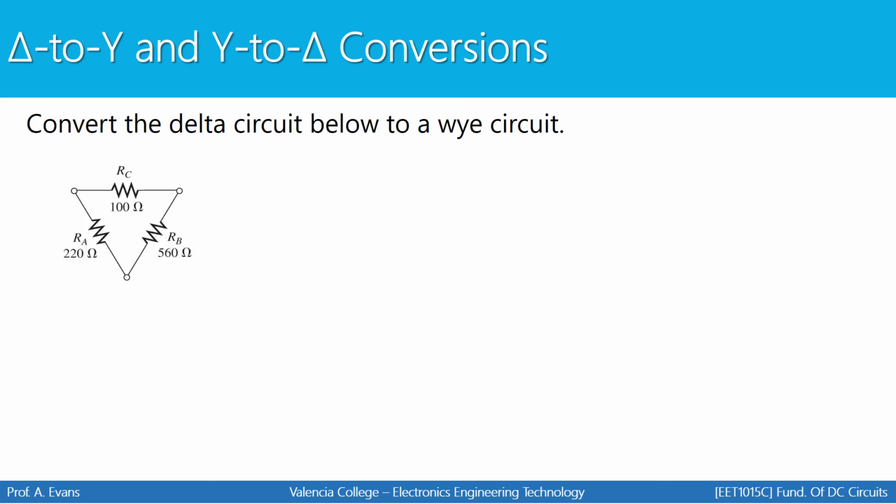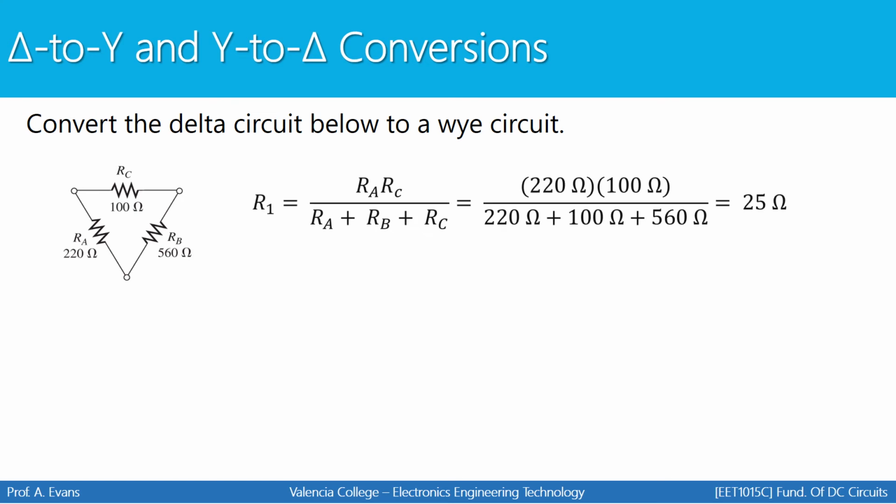Now we'll do an example. The first example is going to ask you to convert the delta circuit below to a Y. So we're going to use the formulas to calculate R1, R2, and R3. Here's the formula for R1, and you're simply just going to plug in the values for RA, RB, and RC.